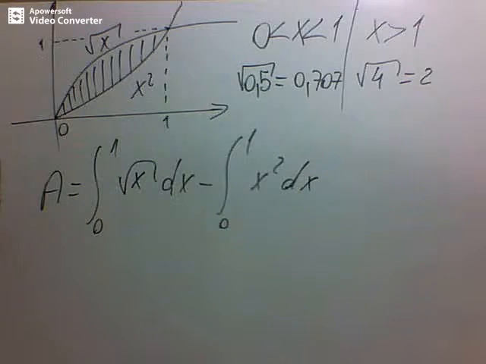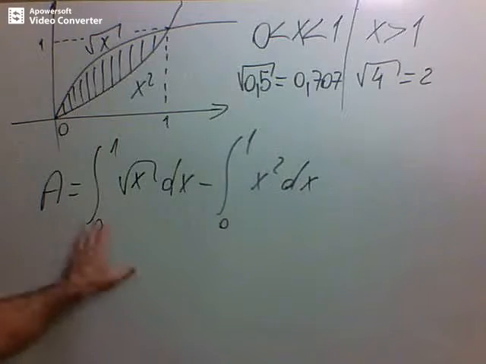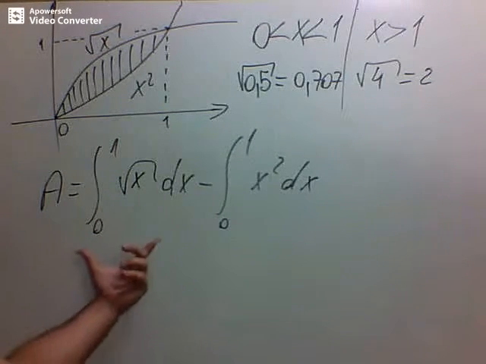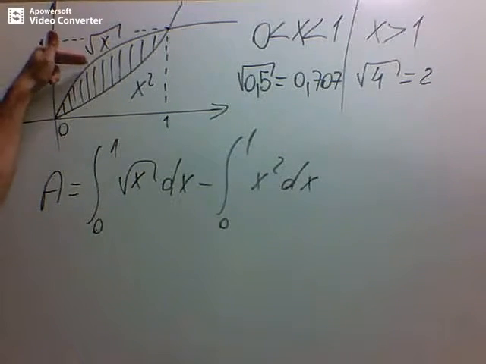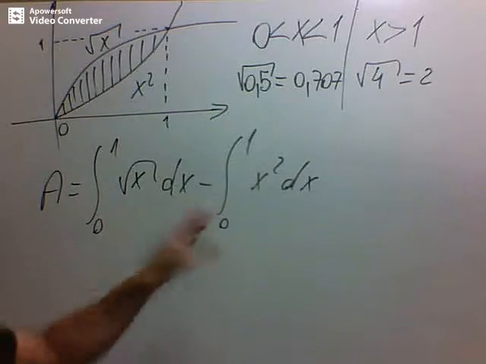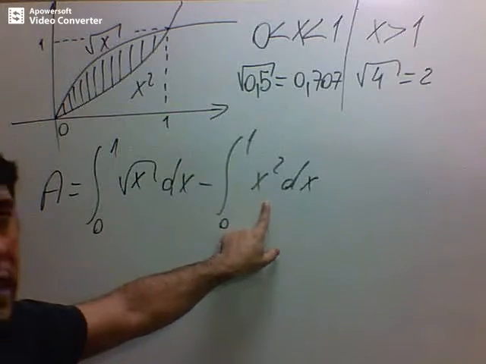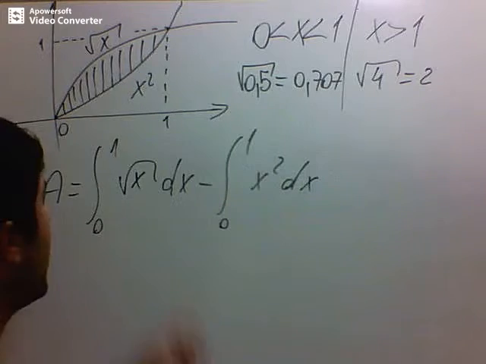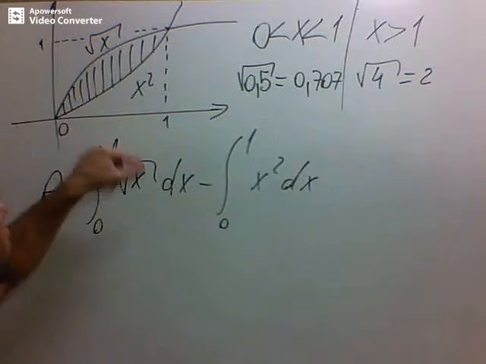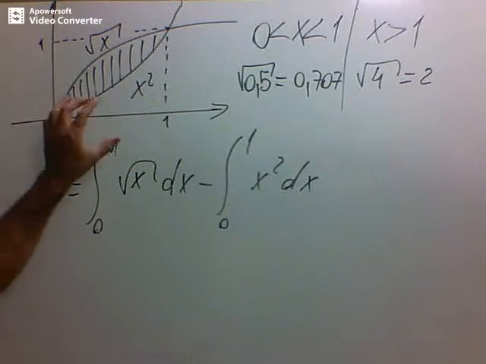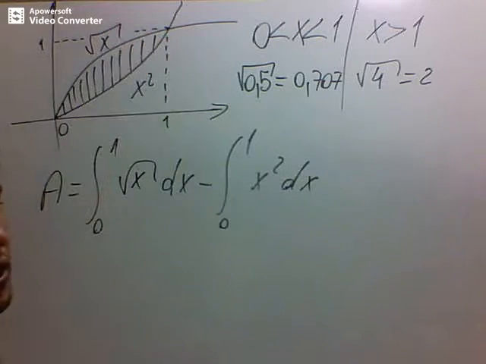I know that you are very smart guys over there, and you can certify that what I'm doing is right, isn't it? Because what we want is to calculate the area below this curve and subtract the area below this curve, and what we are left with is only the area that we're interested in.